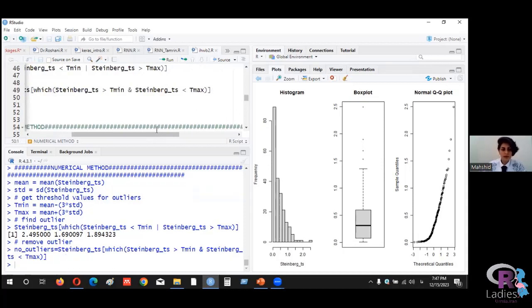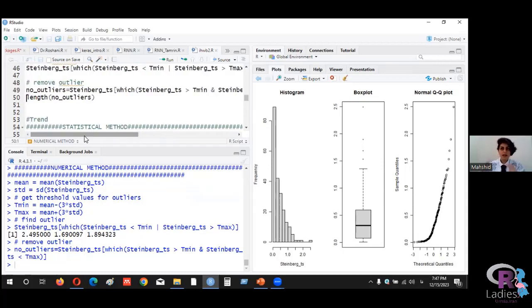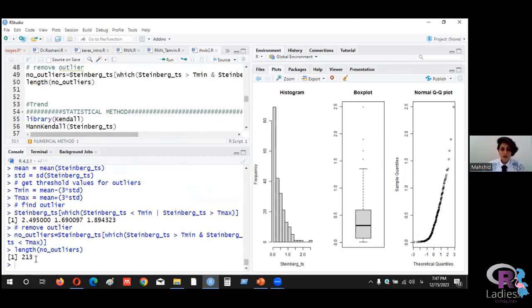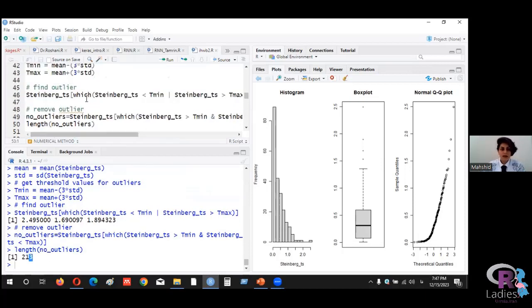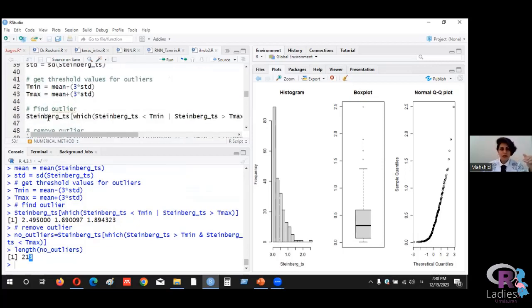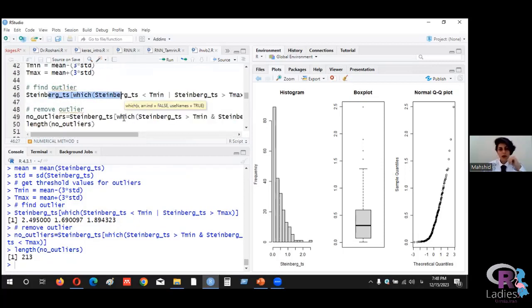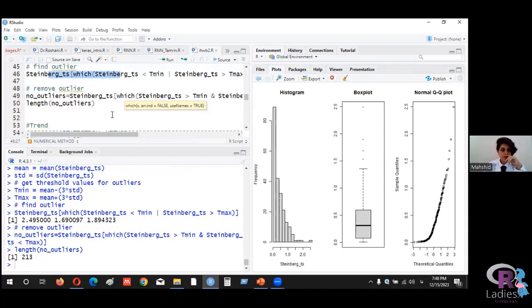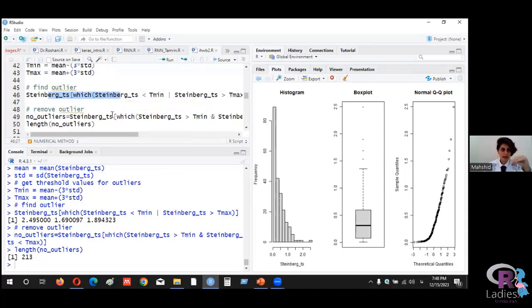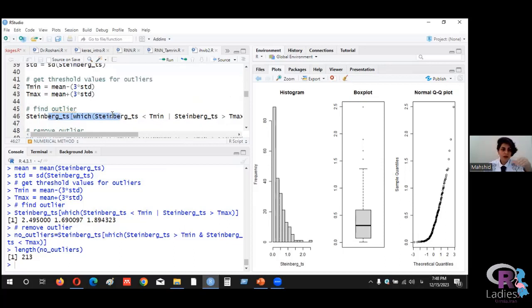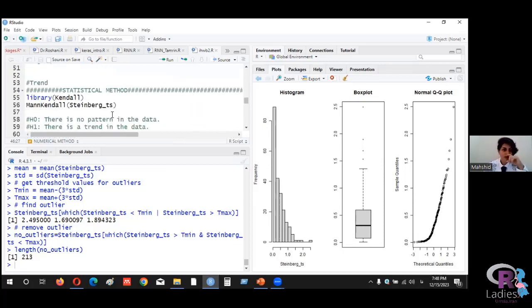So it means that I'm trying to find the data which are in between the threshold. So if I check the length, I have 213. It means that this method removed these 3 outliers from the time series. Okay, so this is the numerical method for finding the outliers and visualization method.